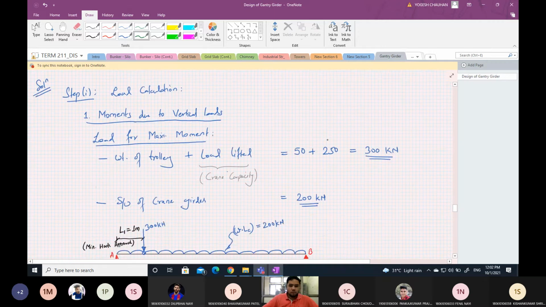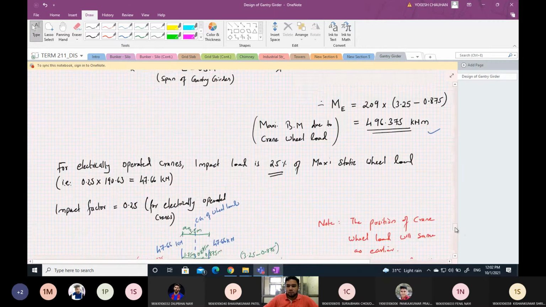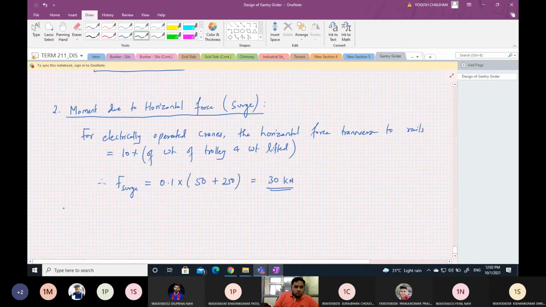Here for double flanged wheels, this is distributed over 4 wheels.